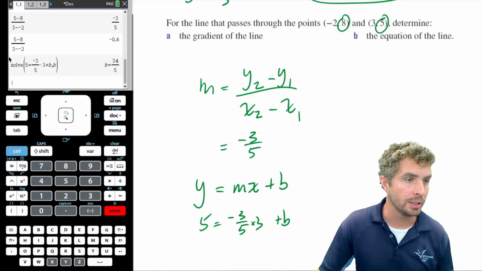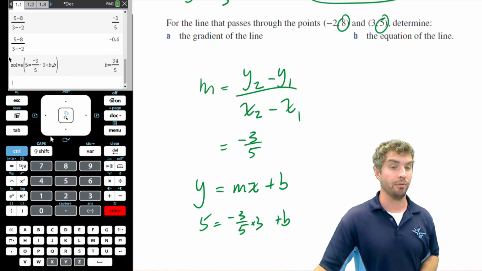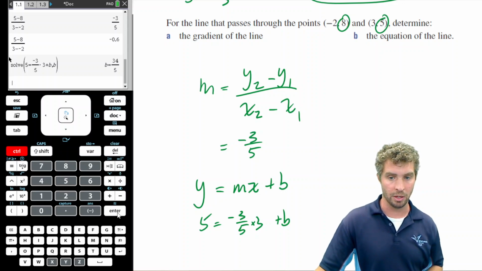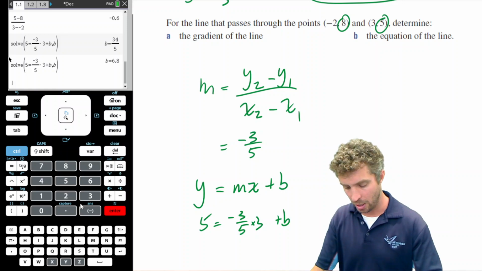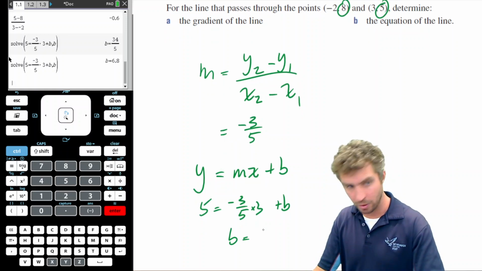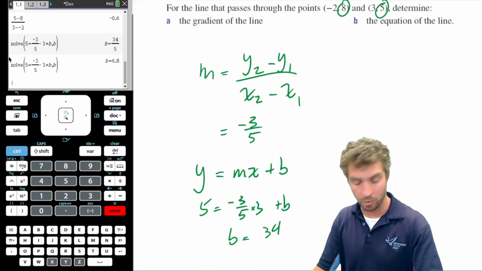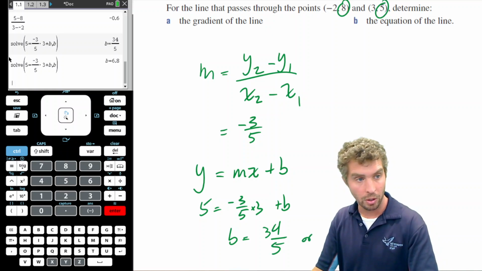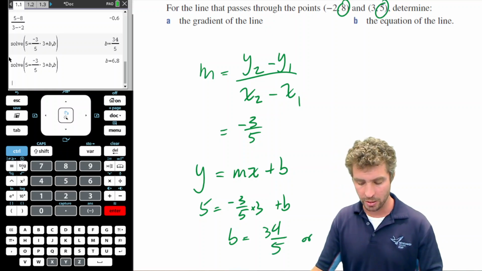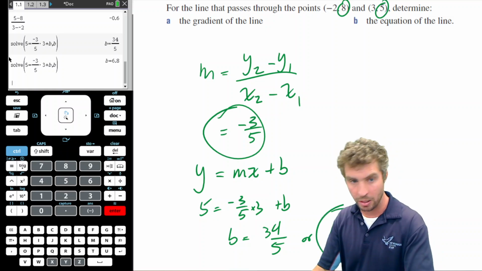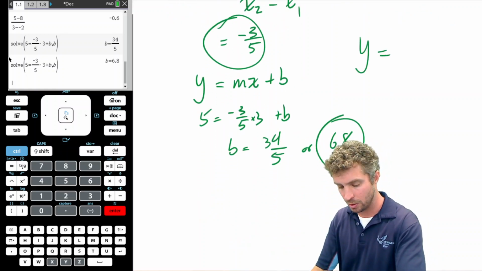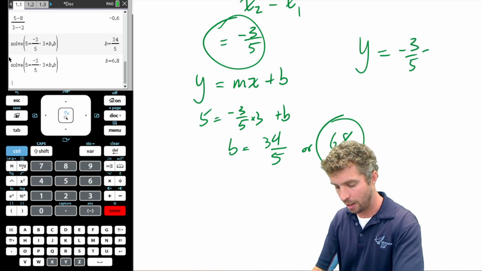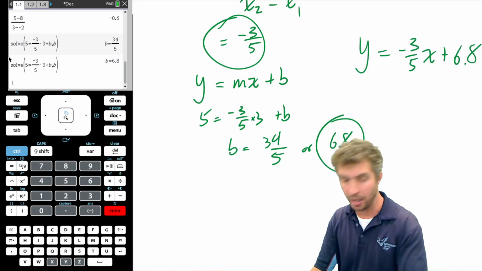Okay, and we see here that b equals 34/5. And you know that one might be nicer as a decimal, 6.8. Sure, why not? Okay, so b equals 34/5 or 6.8. Now we have our m and our b, and we'll write the equation y equals negative 3/5 x plus 6.8.